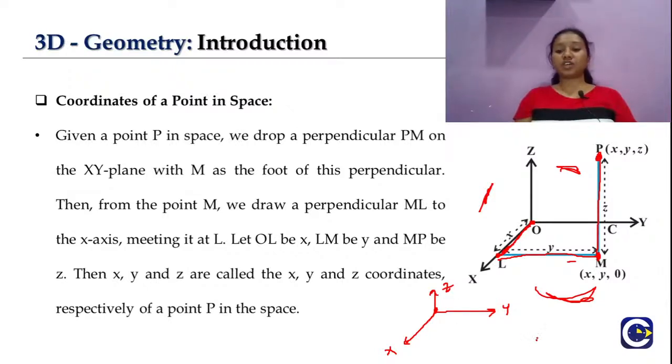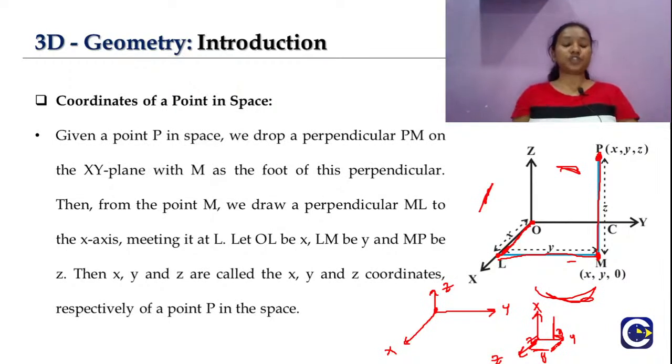So if in some figures you might take this is x, this is y and this is z, then this will be your x and this will be your y and this will be your z. Right. So accordingly, according to the planes which you are having, you can correspondingly write the coordinates of the point which is taken in the space. Right.